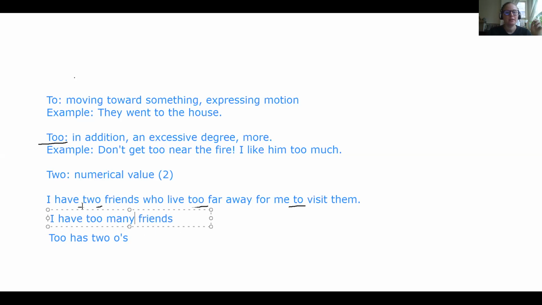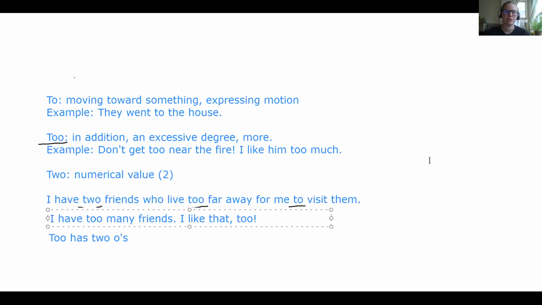But it helps describe the amount as just being excessive or more than what you might want to have. It can also be used as a sign of agreeing, like I like that too, right? I like that as well. It can replace "as well" in most cases.